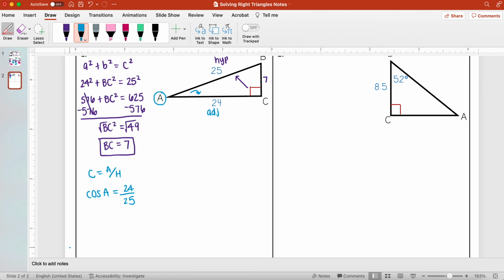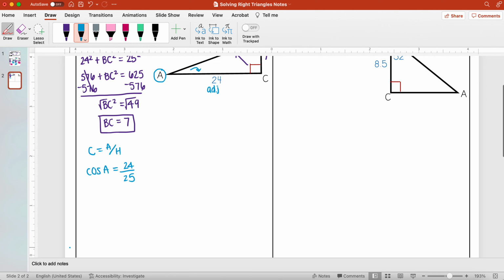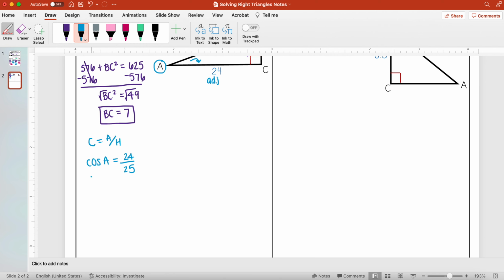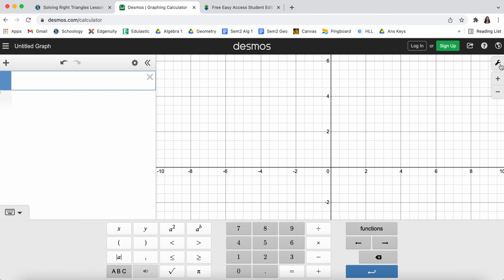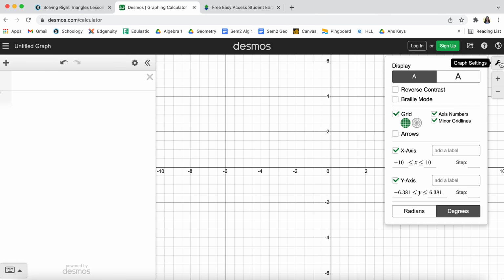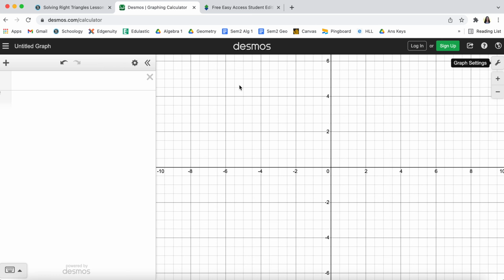And remember, when we're finding angle measures, we use our inverse trig ratios. And so I can take the inverse of cosine on both sides, and I get measure of angle A is equal to inverse cosine of 24 over 25. And so going over to Desmos, first do make sure that you are in degree mode. So click on that wrench and make sure degrees is highlighted.